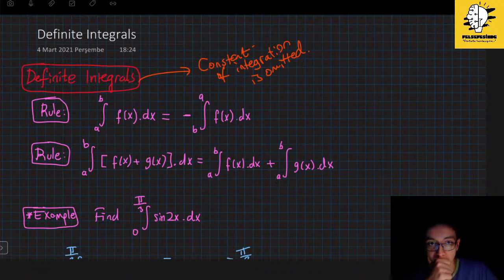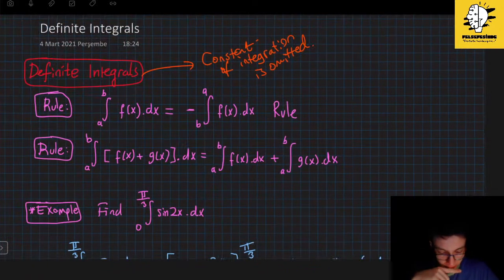Okay, let's take a look at some examples. Okay. So in definite integrals, the first rule is that we put the higher value at the top and the lower value at the lower part. Okay, so, and also I forgot to mention something else, and I really like it here.